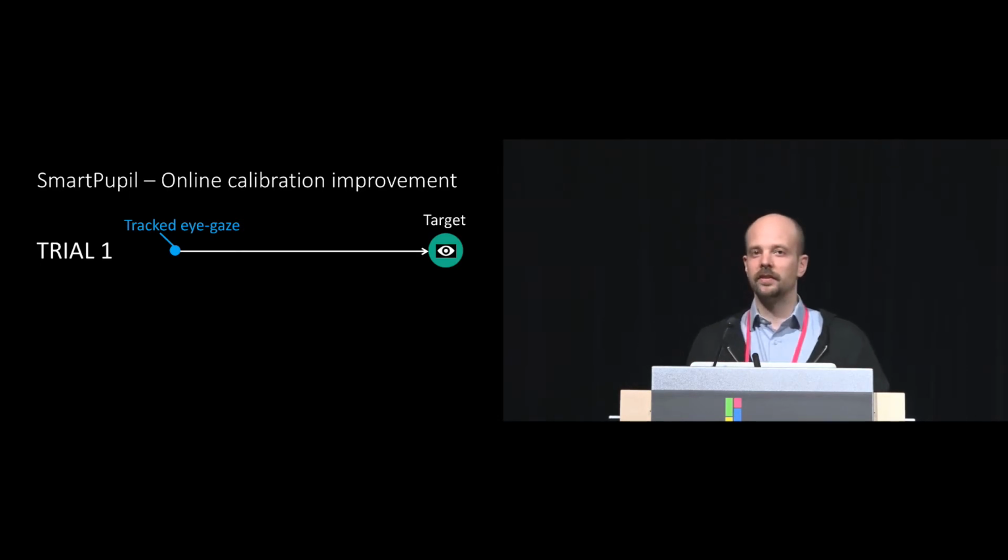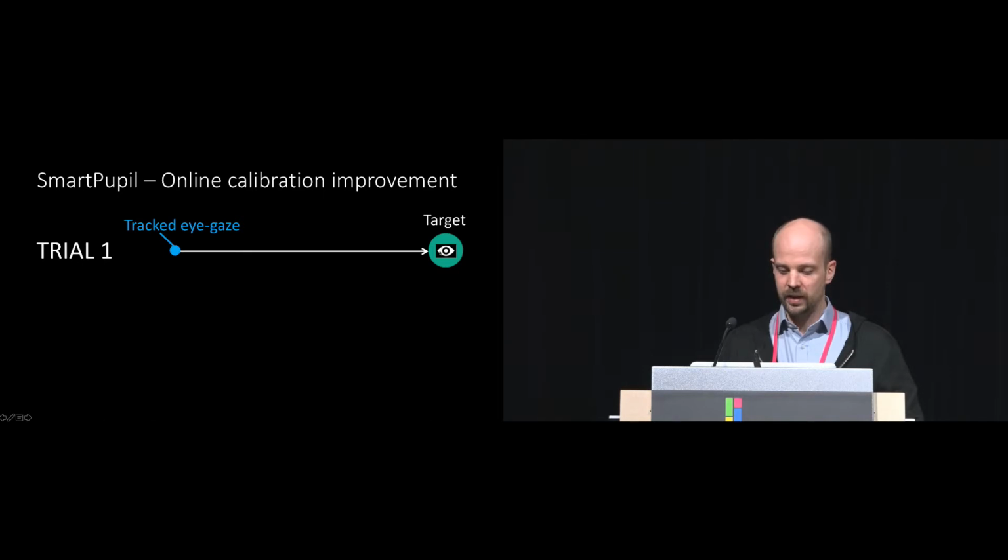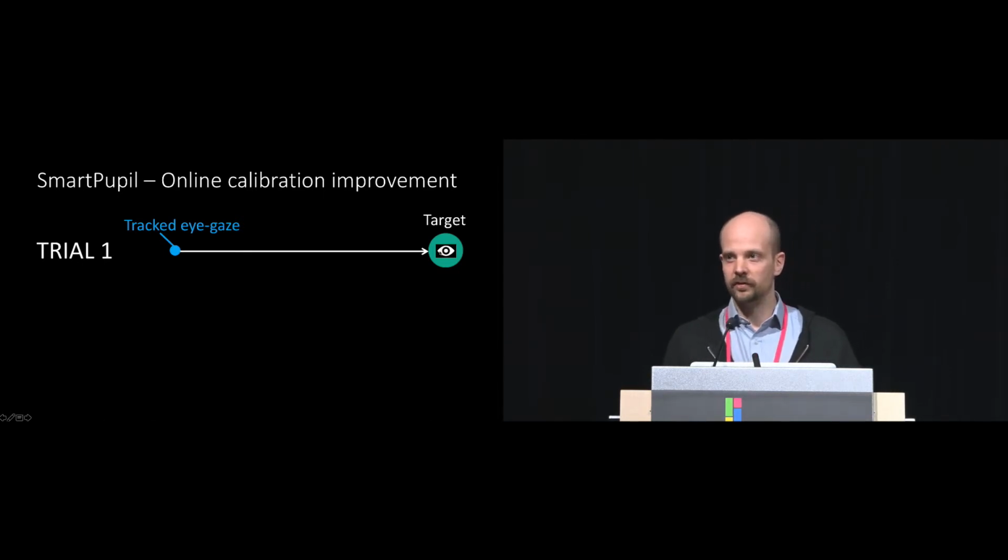First, the user looks at the target here, but because of the inaccuracy of eye tracking, the eye gaze appears far from the target.